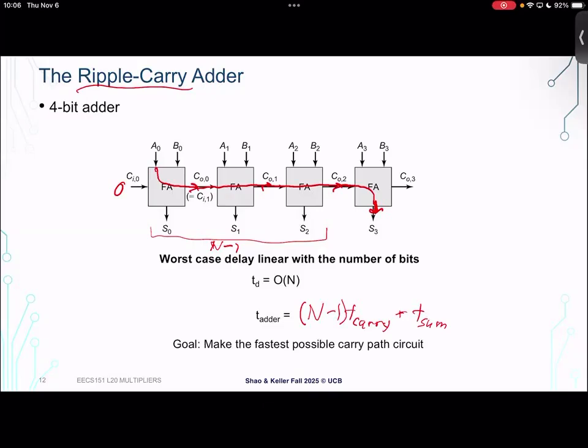So this is the simplest possible adder you can build. It works. It's very functional. It's very slow, especially for wide widths, because every time you want to add a new bit, you add a new stage of delay through that carry path. So the rest of the lecture is going to be how can we make something faster than this?